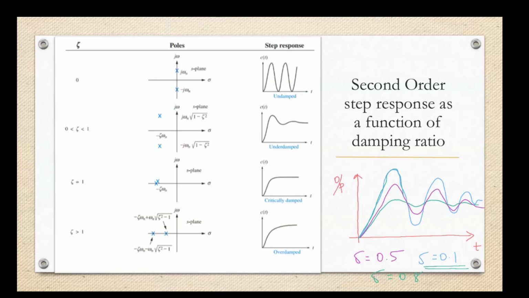The magnitude of the oscillation is less, and for 0.8 it is even less, and for 1 it will be without any oscillation. So that is the effect of delta on the response of a second order system. A second order system with a delta value close to 1 will have lesser oscillations, and far away from 1 will have more oscillations.